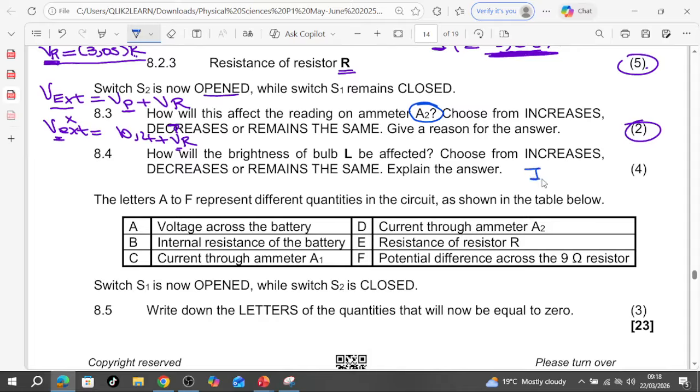I know that from Ohm's law, I is equal to V over R. If the resistance increases, the current decreases, because the current is inversely proportional to the resistance. So if the resistance increases, what happens to the current? The current decreases.